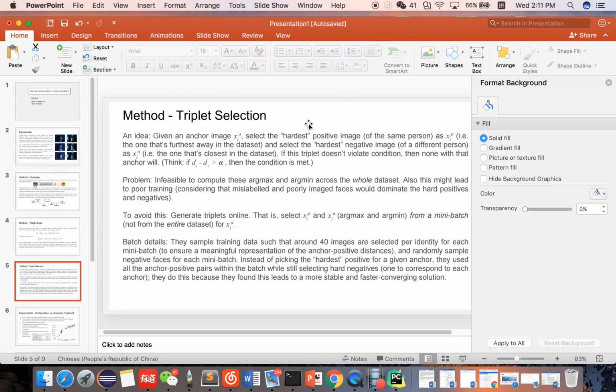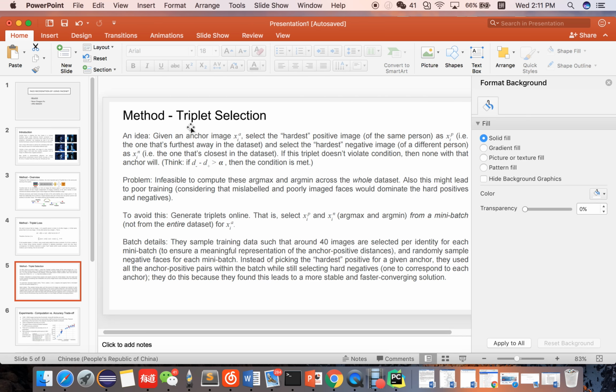First of all, we need to select the hardest positive image of the same person as x_i^a, which means we find the positive image with the largest distance, furthest away in the database.